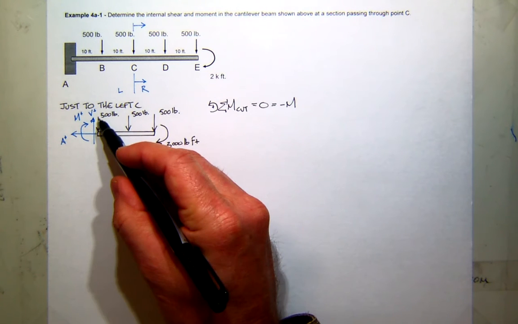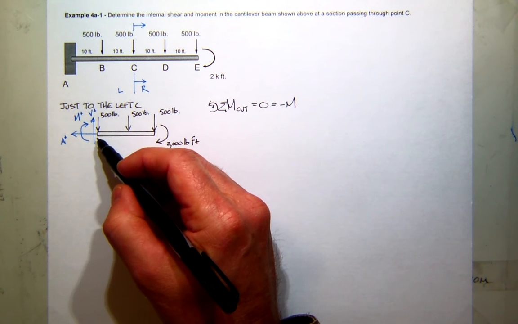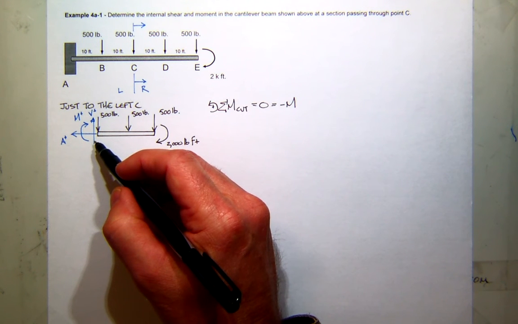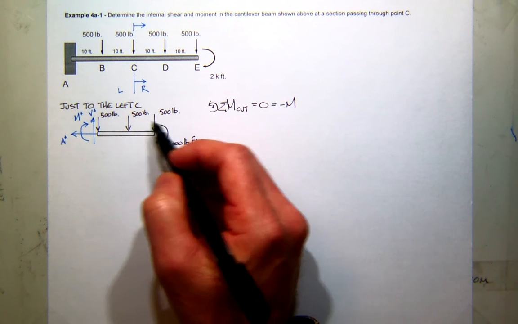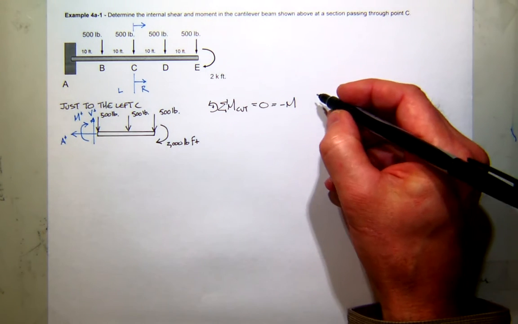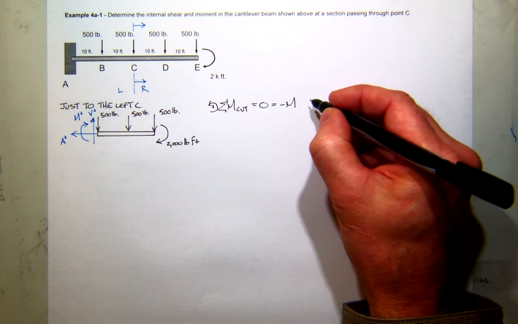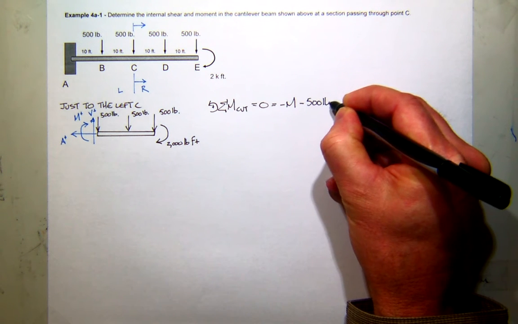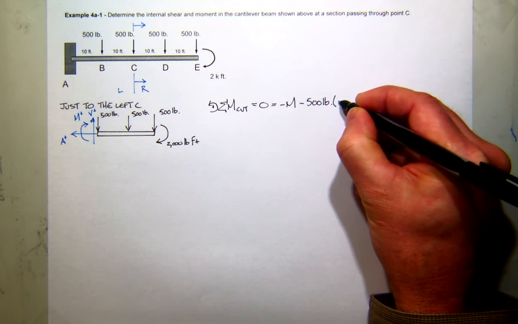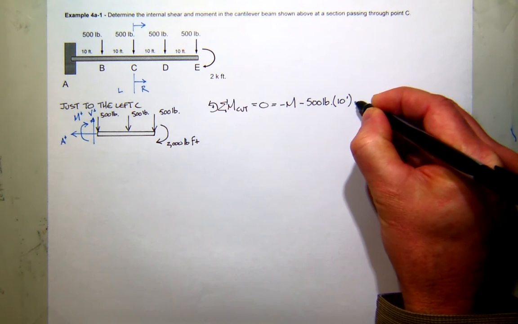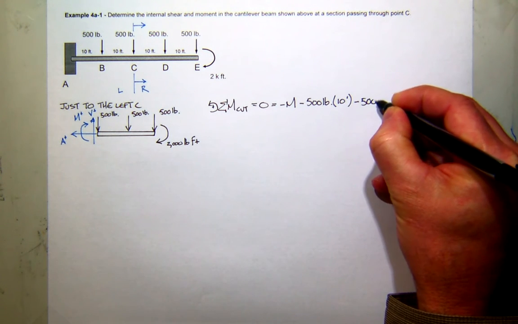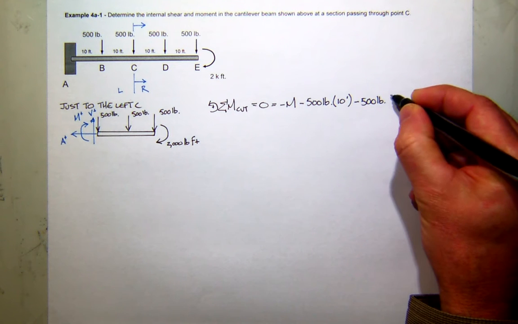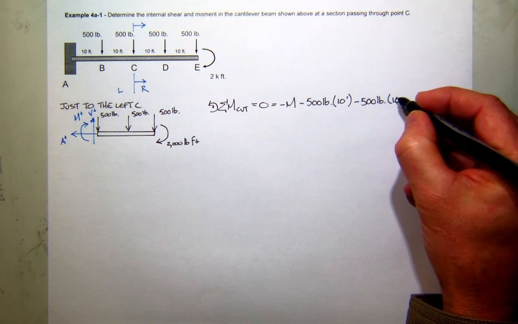Does this first 500-pound force create moment at C? No. If it did, it would be almost negligible because the moment arm is so small. But these other ones do, and those would also be negative. So I'll have negative 500 pounds times a moment arm of 10 feet, minus 500 pounds times a moment arm of, oops, sorry, I almost messed it up, 20 feet.